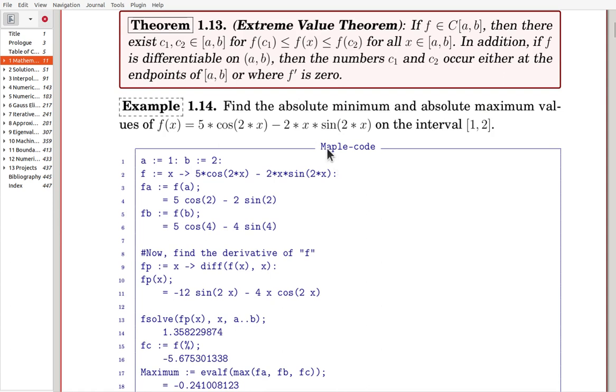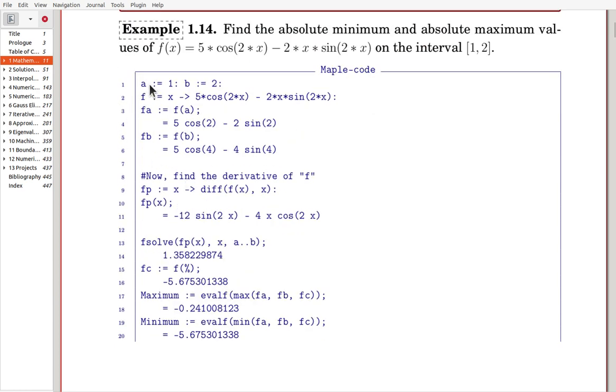Let's see this example. Find the absolute minimum and absolute maximum values of the function on the interval 1, 2. Here again, we have a Maple code. A is 1, B is 2.